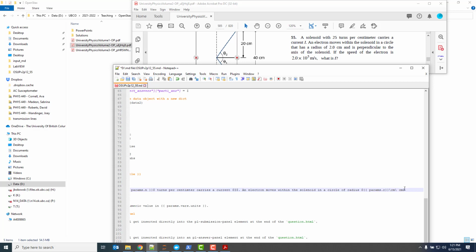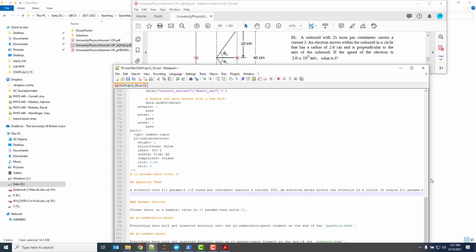So let's put a period here, and then I'm going to say, let's say the plane of the circular motion is perpendicular to the axis of the solenoid. Okay, good.